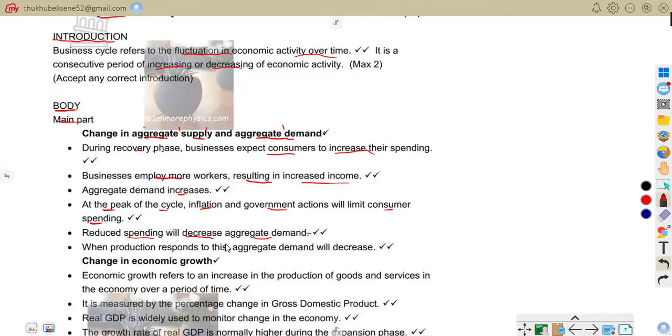Hope you're together. When production responds to this, aggregate demand will decrease. Many business cut output when demand falls, slowing the economy. That is change in economic growth.